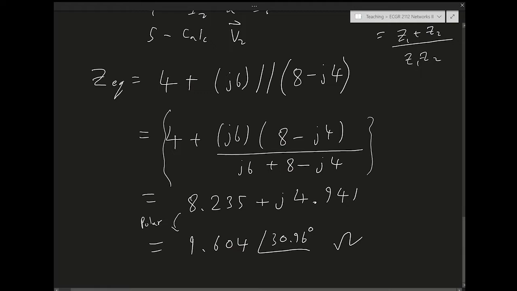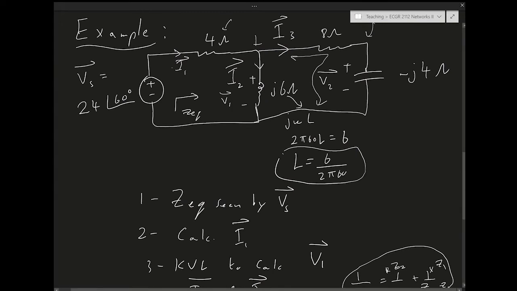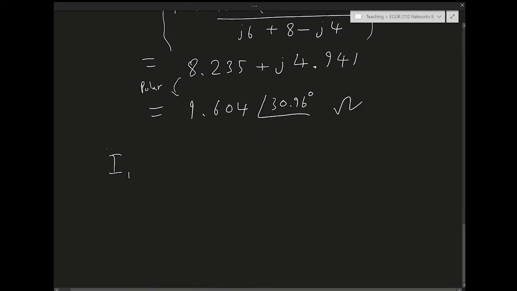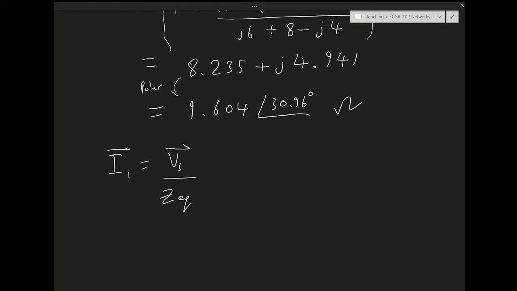Okay. This is the equivalent impedance, and now I can calculate I1 directly. Using Ohm's law, I1 is just the voltage over the equivalent impedance. So I1 as a phasor is just going to be Vs as a phasor over Z equivalent. This is just like DC analysis, only it's more cumbersome because now you're multiplying and dividing complex numbers. So it kind of gets annoying plugging this into a calculator.